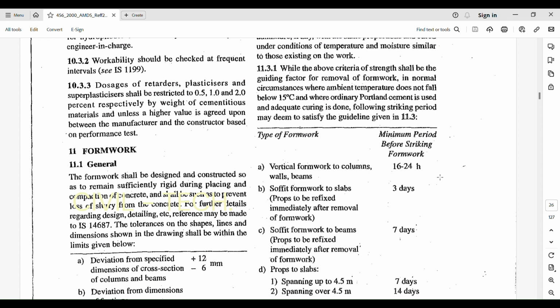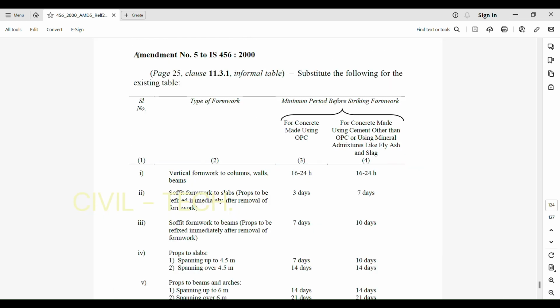Nowadays we are using a lot of supplementary cementitious materials like fly ash and GGBS, etc. So the code has revised the code book. The amendment number is 5. In that they have introduced one more column for concrete made using cement other than OPC or using mineral admixtures. So the column has been introduced in amendment number 5.